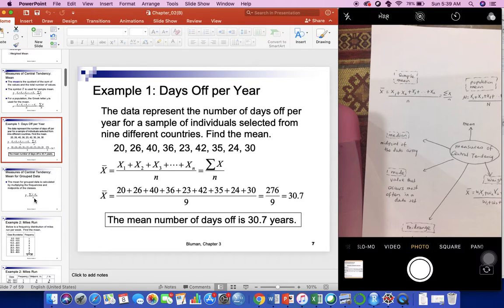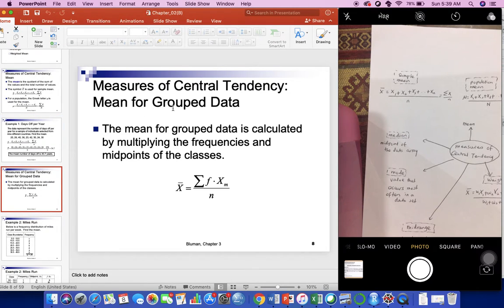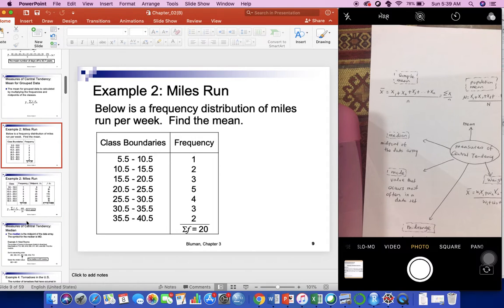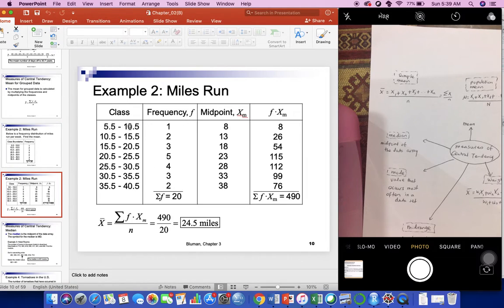Okay, the next one is the mean for grouped data. So we are using frequency and midpoint over n. Let's say, for example, we have a frequency distribution of miles run per week. Find the mean. We have class boundaries and we have frequency here. The first class is 0.5 until 10.5, and you will get 8 here.